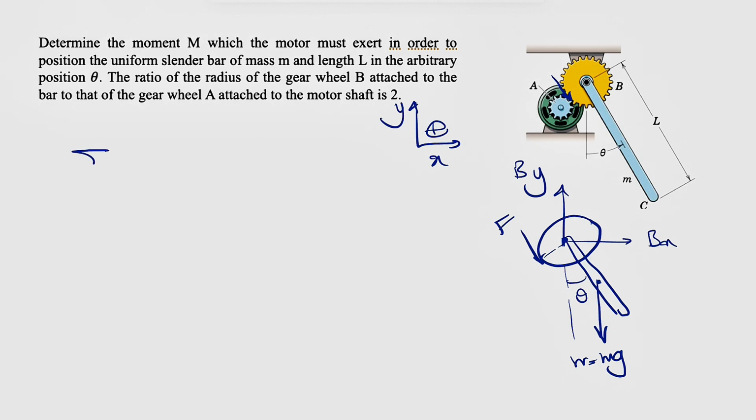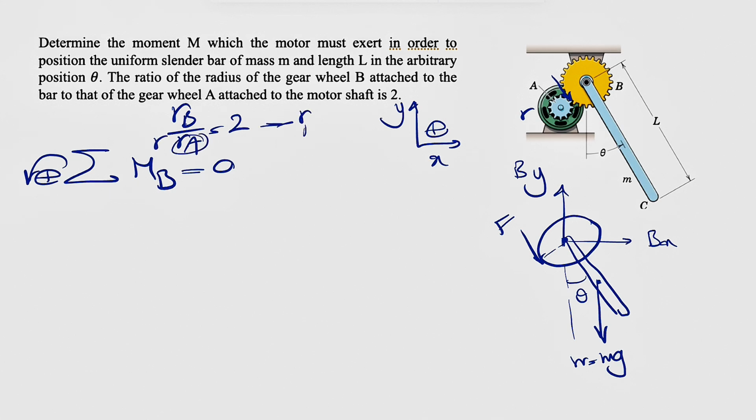Here, if we sum all moments about point B, counterclockwise positive, since we are in equilibrium, this will be equal to 0. We're going to have the moment of F, and for now we can consider the radius of wheel A as R. Since we know the radius ratio of B over A is 2, the radius of wheel B would be 2R.